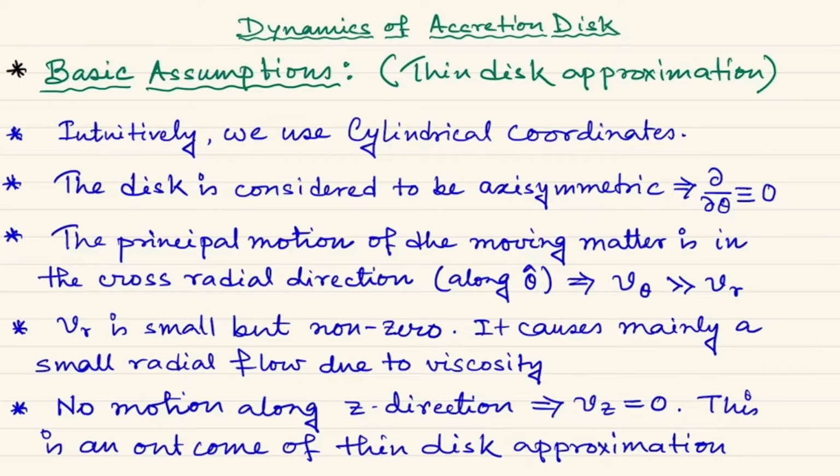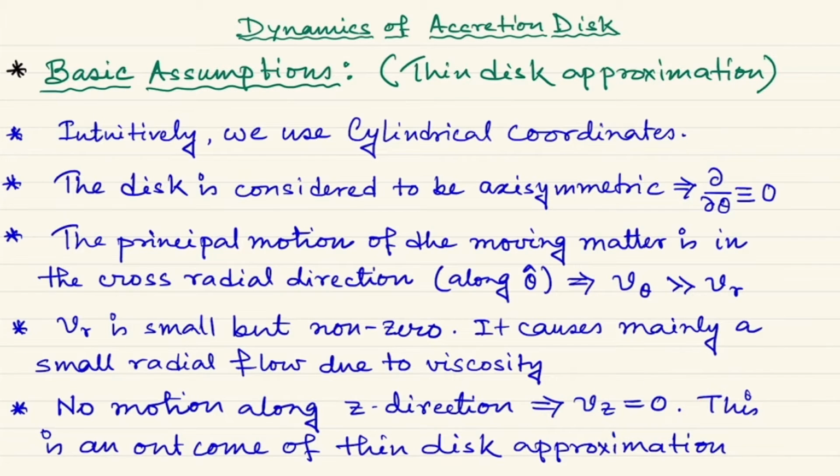The principal motion of the moving matter will be considered mostly in the azimuthal direction, that is, v theta will be the dominating component of velocity. However, vr will be non-zero, but very small. vr will cause the small radial flow due to viscosity. For vz, we will assume it to be 0.